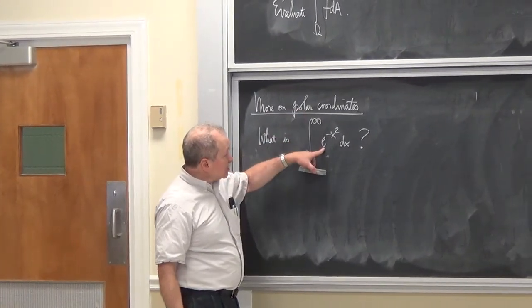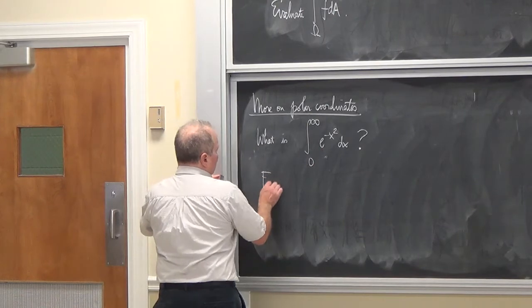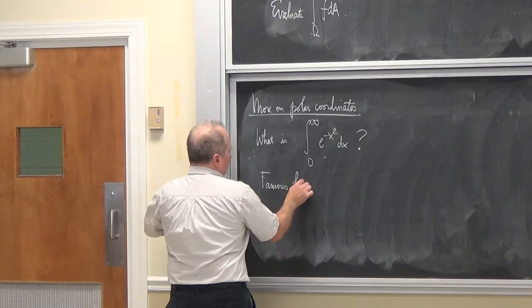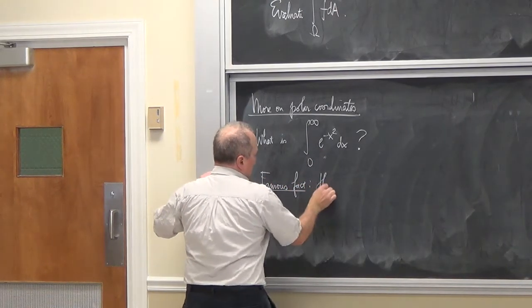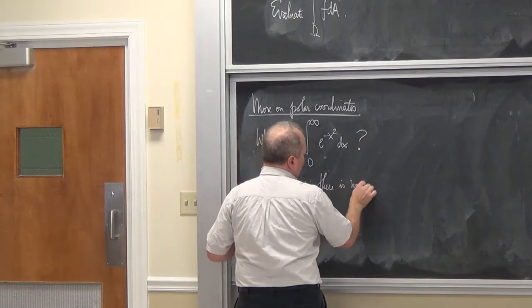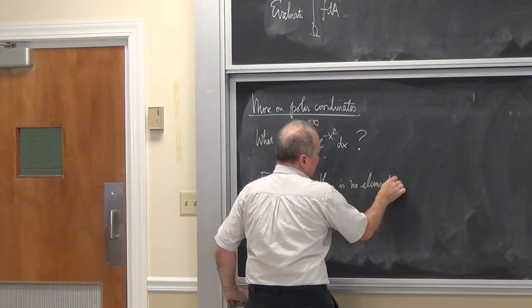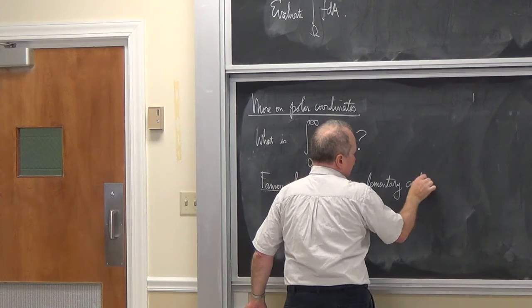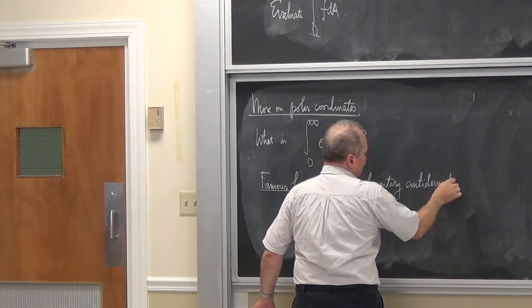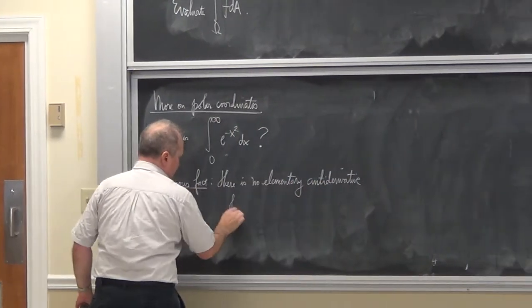However, this is famous: there is no elementary antiderivative of the function e to the negative x squared.